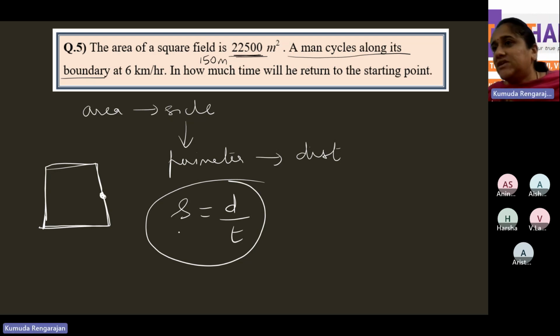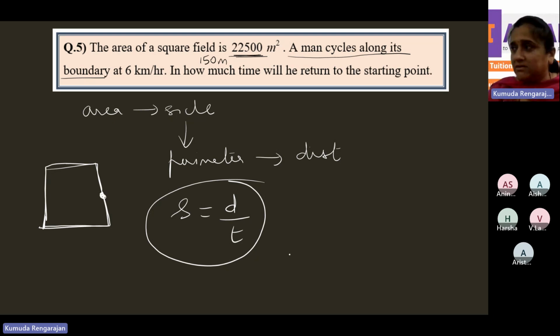If you know distance and time, you can find speed. If you know speed and time, you can find the distance. If you know speed and distance, you can find time.